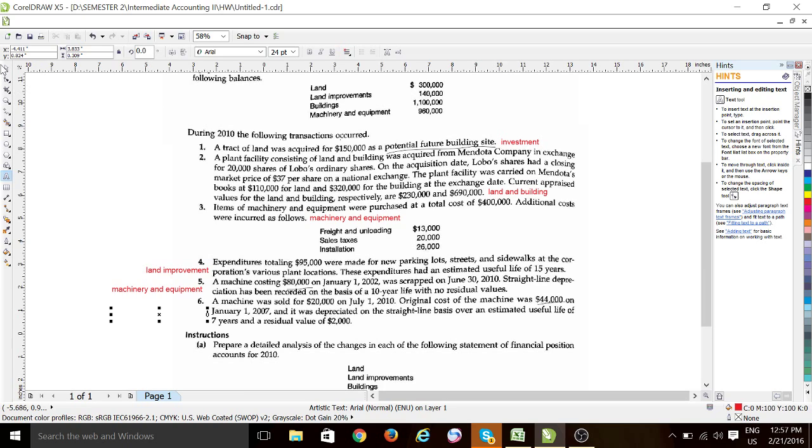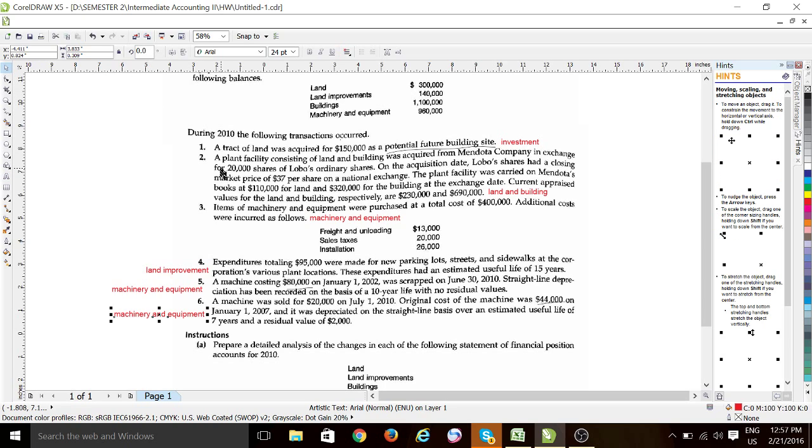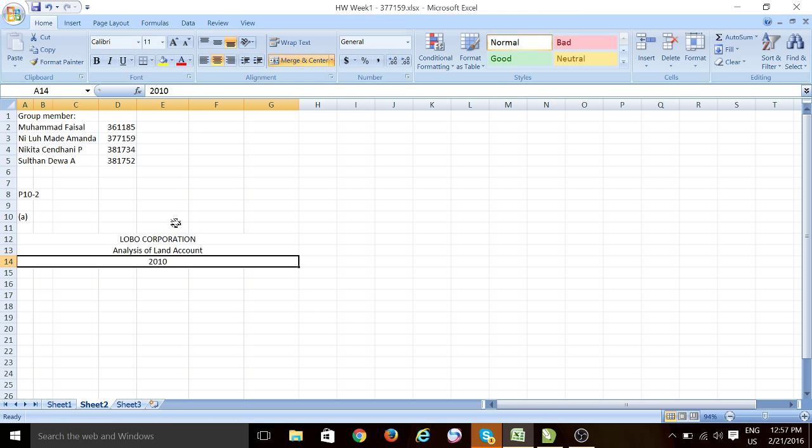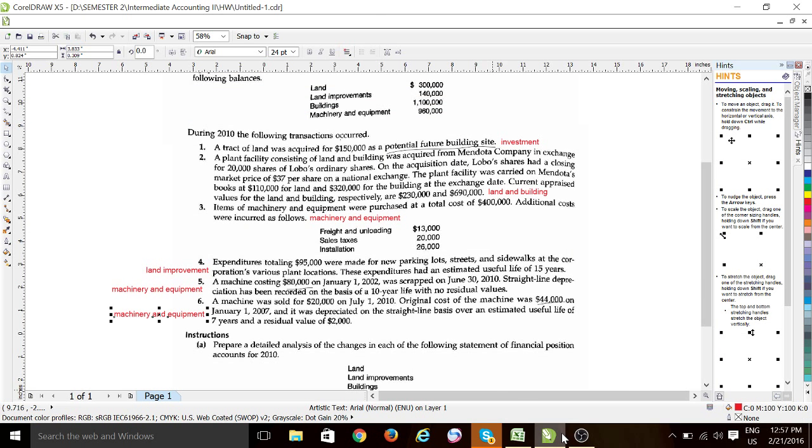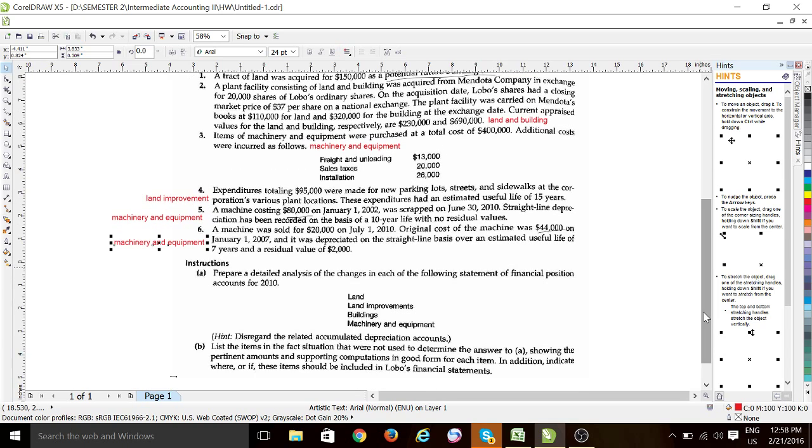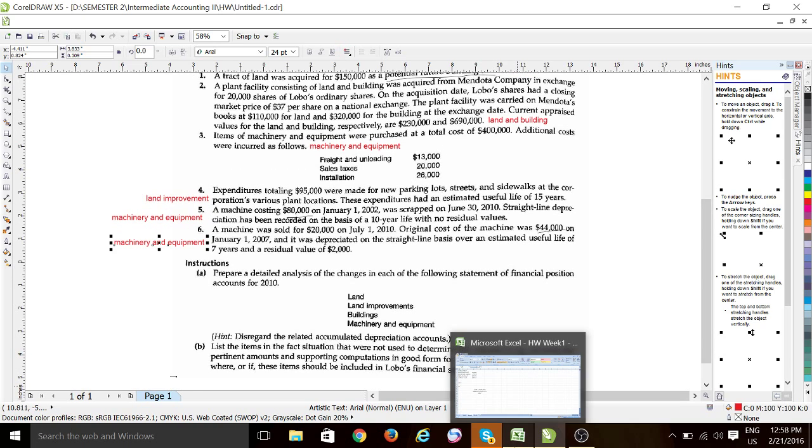So now that we know what account each of these transactions will affect, we are going to answer the first question, which is to prepare a detailed analysis of the changes in each of the following statement of financial position accounts for 2010.